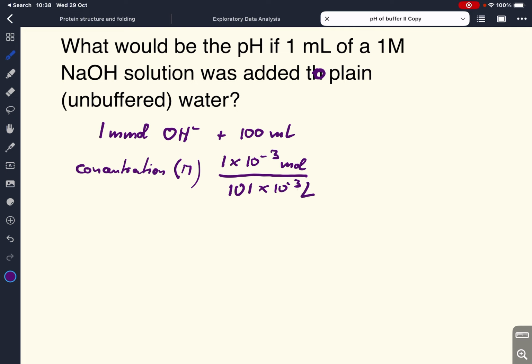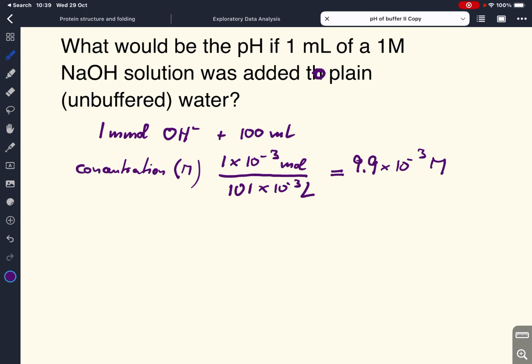That's our 101 milliliter because we add them together. And we can calculate that. That would give us roughly 9.9 times 10 to the minus 3 molar.